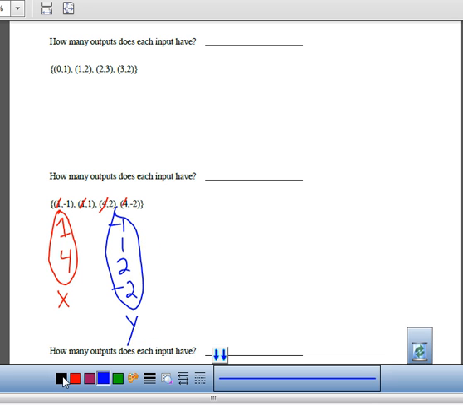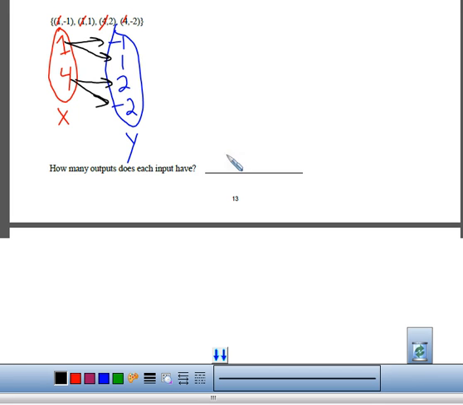So now we draw our arrows. So 1 goes to -1, and 1 also goes to +1. 4 goes to 2, and 4 also goes to -2. Okay, how many outputs does each input have? Well, 1 has 2 outputs, and 4 has 2 outputs.